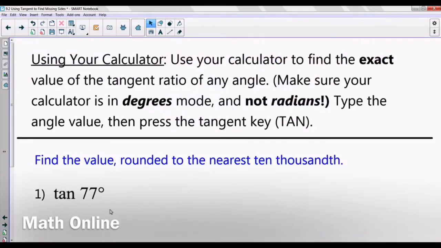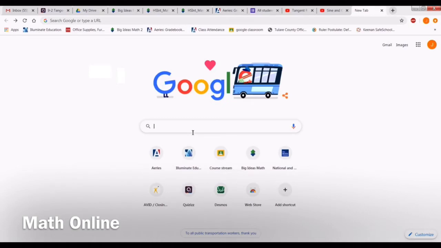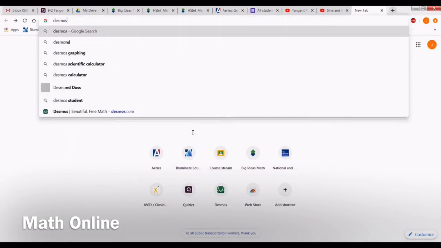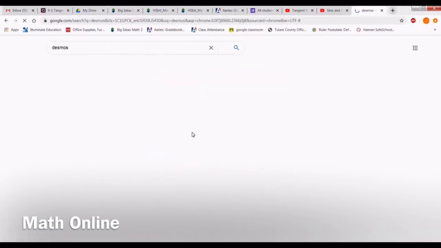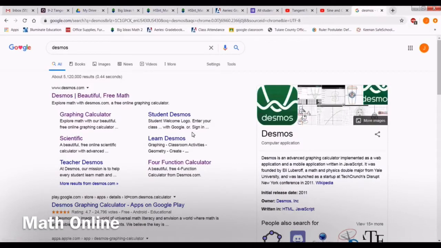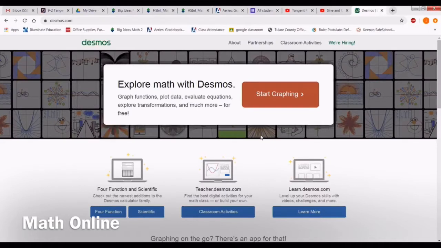In order to round this to the nearest ten-thousandth, we're going to go on the web. We're going to go to Google, regular Google, and type in desmos, and it should be the very first result, desmos.com. You'll click on that, and it's going to take you to the main homepage.